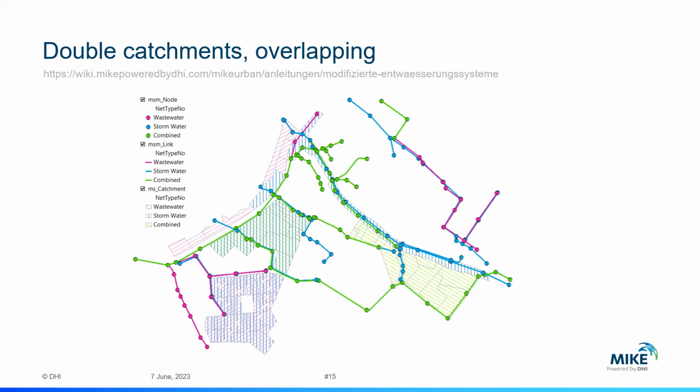Could be done through an import, but then it's hard to work with these catchments one on top of the other, because if you click on one, you always click on the top one. You can't touch the bottom one. So some clients applied a negative buffer on the top one so that it was slightly smaller than the bottom one, and then you could click on the bottom one. But anyway, it's really cumbersome.